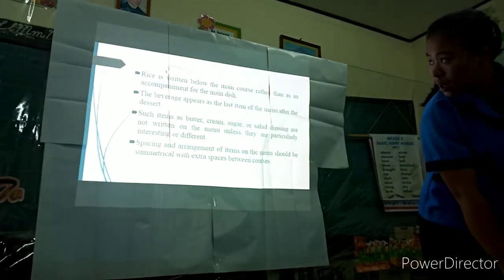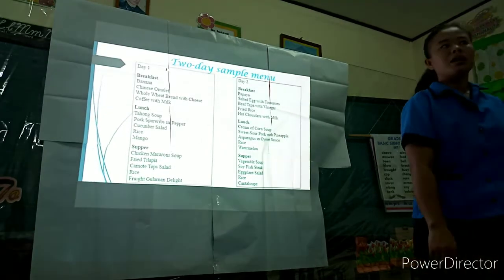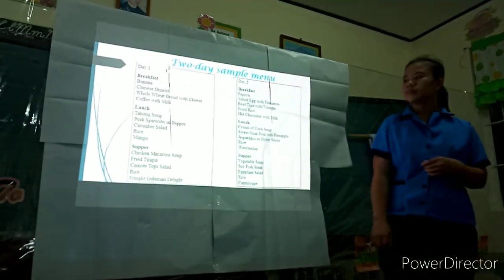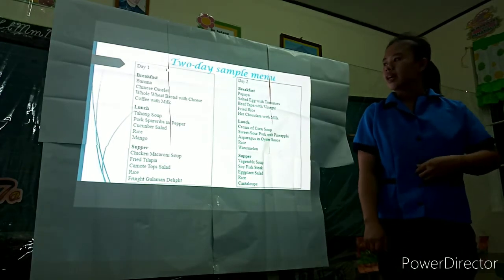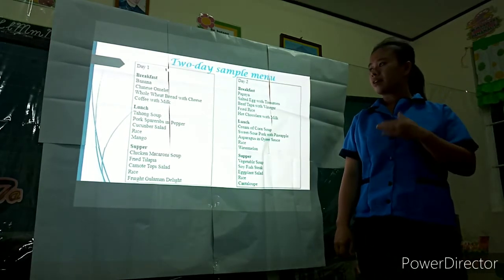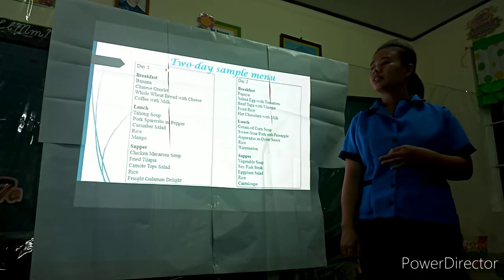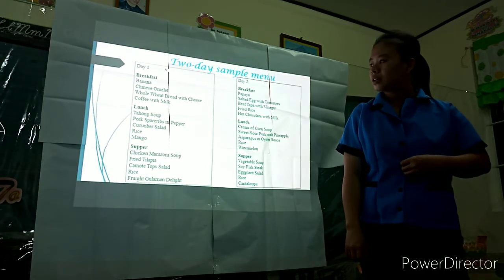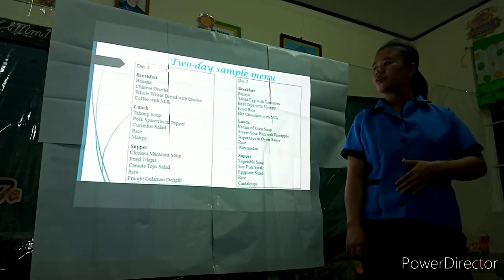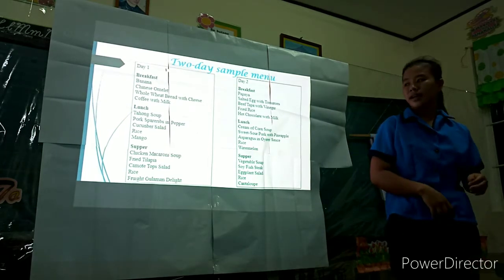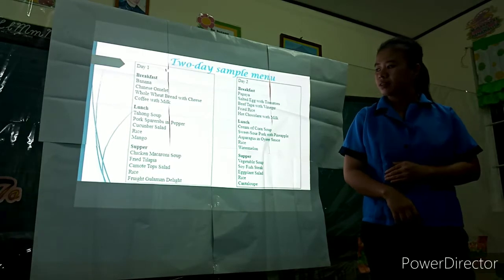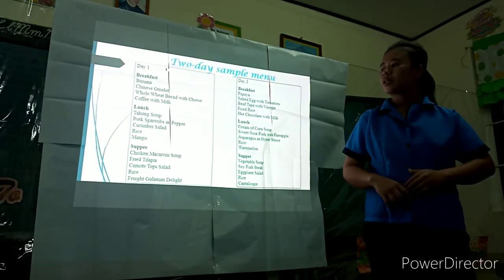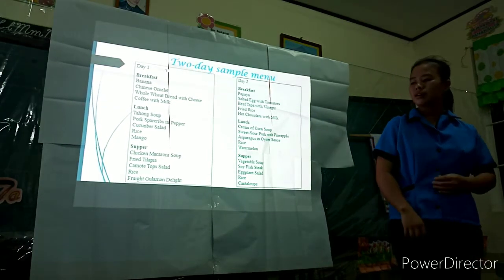Next, okay, we have here a 2-day sample menu. Please analyze. Day 1, space, breakfast: banana, Chinese omelette, whole bread with cheese, coffee with milk. Space again, lunch: tahong soup, pork spare ribs with pepper, cucumber salad, rice, mango.